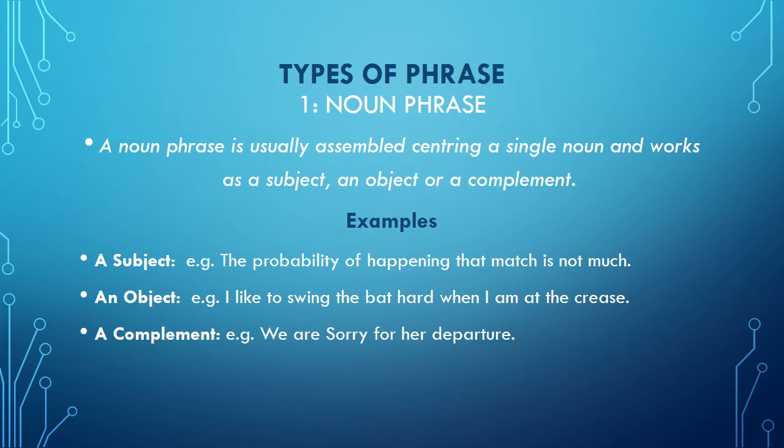So class, these are the examples where the entire phrase will act as a noun for the particular sentence. For example, the probability of happening that match is not much. I like to swing the bat hard when I am at the crease, and we are sorry for her departure.